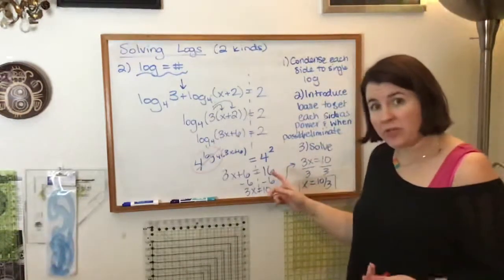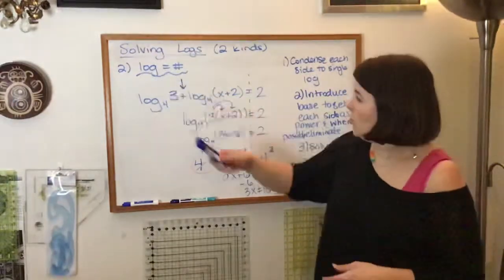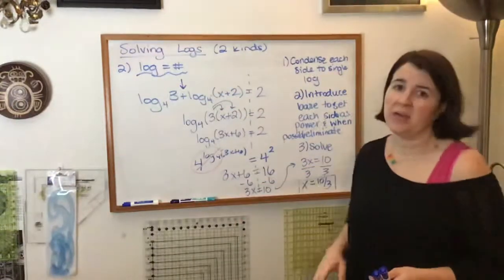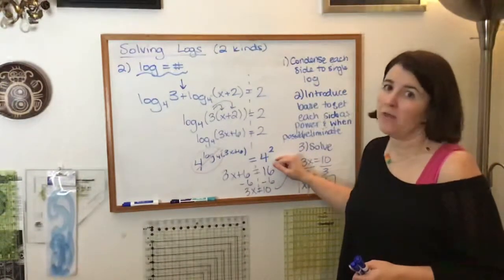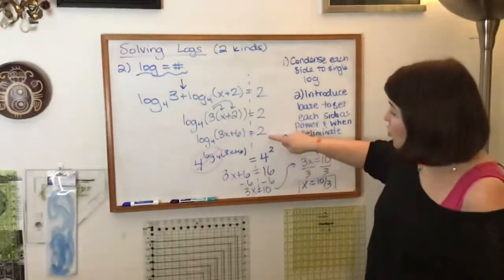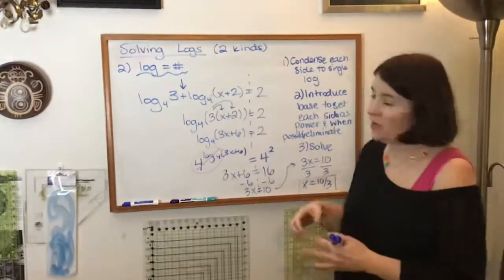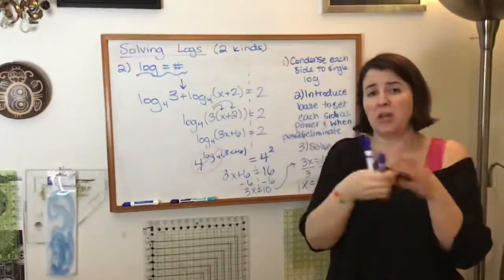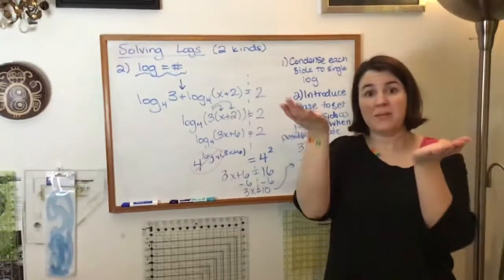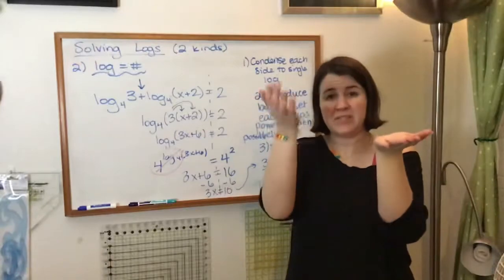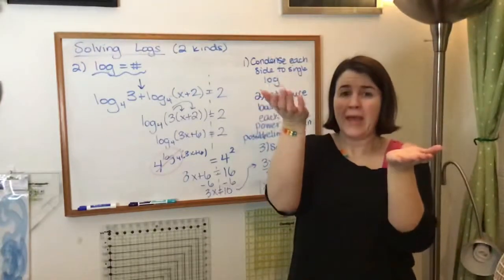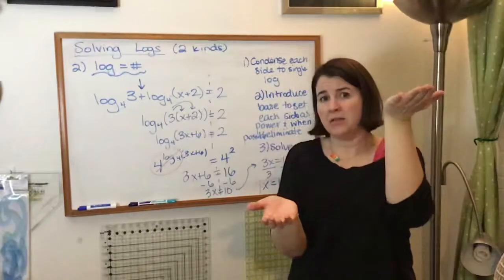The only difference really is because there's only a log on one side, I only get elimination on one side. I still have to remember to take the base to the power on the right-hand side so that I know that this 2 is still being treated equally. Remember, it's still an equation. If I make this a base of 4, and I don't make this one a base of 4, I've just made this one bigger, and it's now heavier, and the balance is broken.